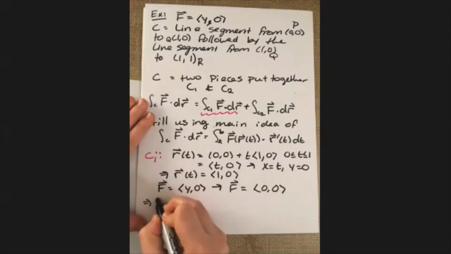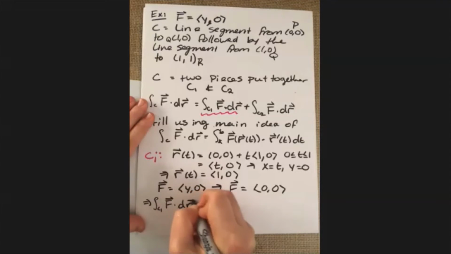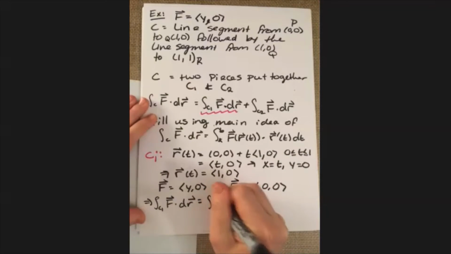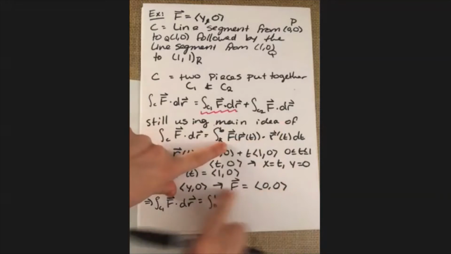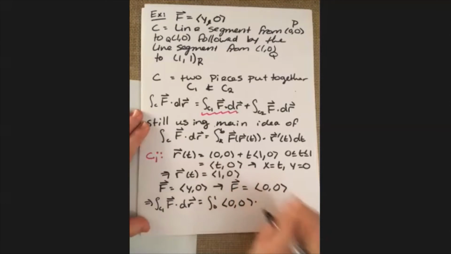So the integral over C1 of f dot dr has to be equal to, our bounds were 0 to 1. Looking at f of r of t, that's this piece right here. So 0, 0, dotted with r prime of t, which is 1, 0, dt.